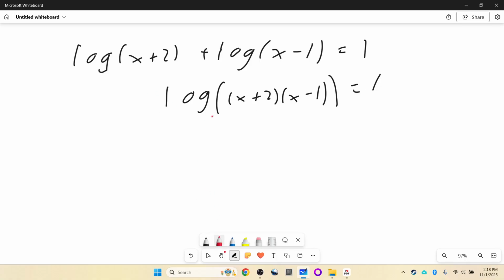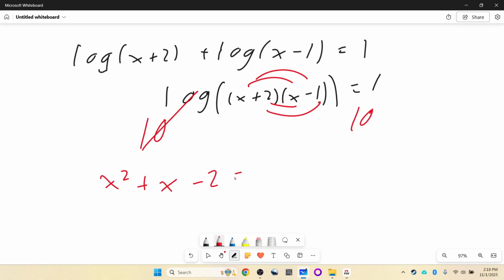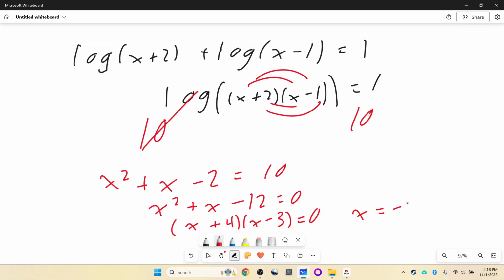And now, base is 10, so I put a big 10 underneath. And I'll go ahead and expand this. x squared plus x minus 2 equals 10. So x squared plus x minus 12 equals 0. x plus 4, x minus 3 equals 0. So x equals negative 4 or 3.